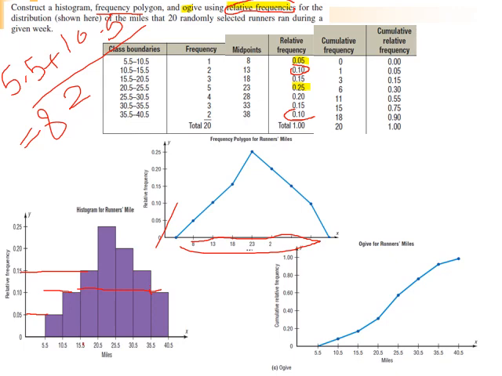Note this is very important: the relative frequency here differs from the relative frequency in the first two graphs. For the cumulative frequency polygon, we make another column for the cumulative relative frequency.